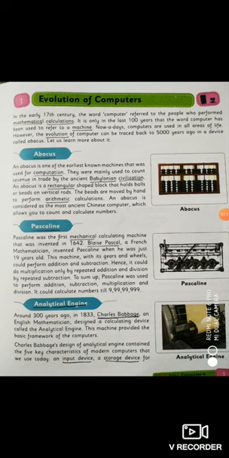So what is the difference between abacus and Pascaline? Abacus is human. We have to manually perform the task, the counting. And Pascaline is mechanical, working by the action of gears and machines. So this was a calculating machine which was invented in 1642 by Blaise Pascal, a French mathematician.